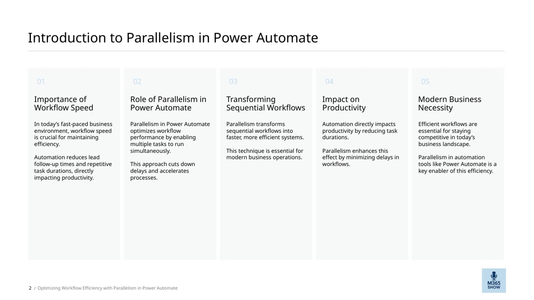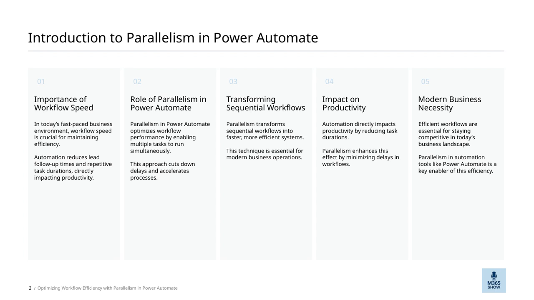Welcome to our introduction to parallelism in Power Automate. Efficient workflows are absolutely essential if we want to stay competitive in today's fast-paced business environment. And one of the key ways to achieve that efficiency is through parallelism in automation tools like Power Automate. In modern business, automation directly impacts productivity by helping us complete tasks faster and more effectively.